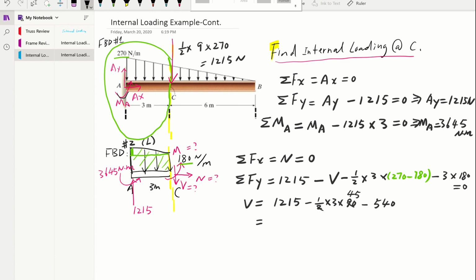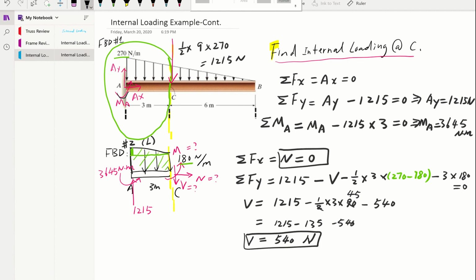This is 45, so 1215 minus 135 minus 540. Okay, I'm putting it in my calculator. That will give us the answer of 540. That happened to be the same answer you had in the last video, correct? Okay, so that's our V.